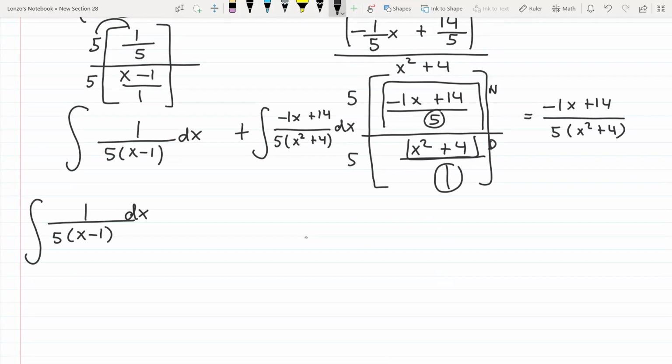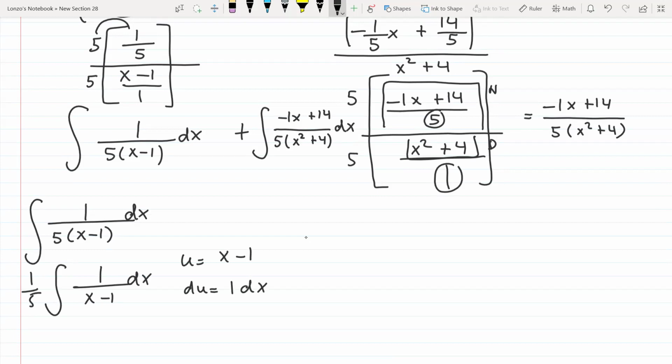I could just take that out. So now you have 1 over x minus 1 dx. And how do I integrate 1 over x minus 1? By doing u substitution. And our u is going to be x minus 1. And then my du would be, the derivative of x is 1, and then you have a dx.